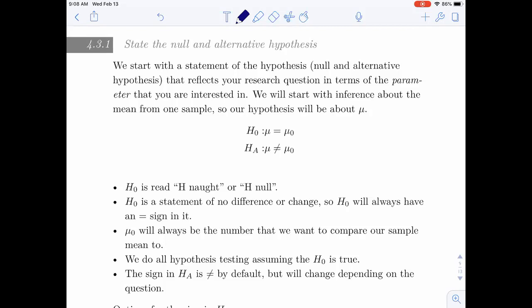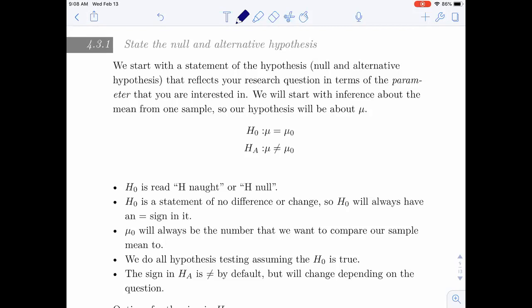That's where I have to start until I have proof otherwise. It's kind of like innocent until proven guilty. We have to assume that these two things are the same until we have proof otherwise. And usually what we want to try to show is the alternative hypothesis. Sometimes it's not, it depends on the scenario.